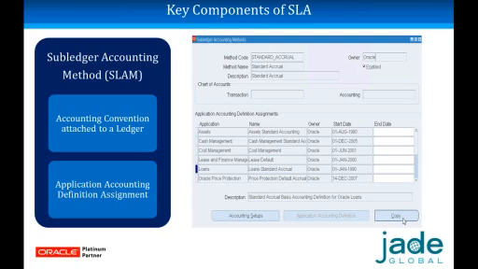If you remember, I mentioned that you can only access SLA for a specific application where you are in that specific responsibility. So if you're logging in using the Cost Management responsibility and you go to the Payables application, the button at the very bottom, which is Application Accounting Definition, will be grayed out. Okay, just keep that in mind.